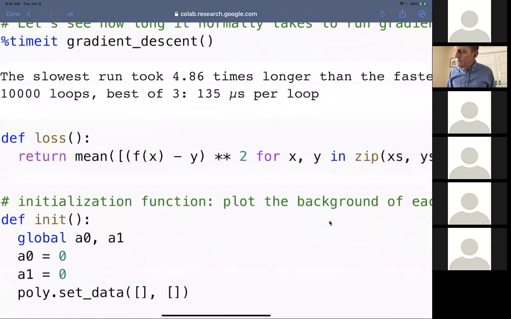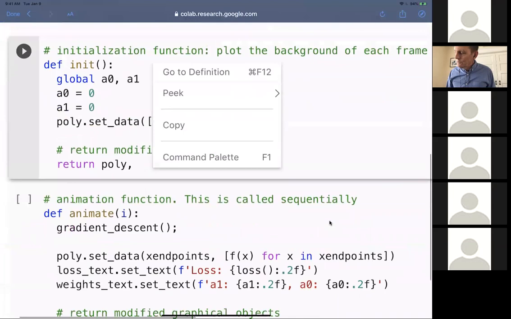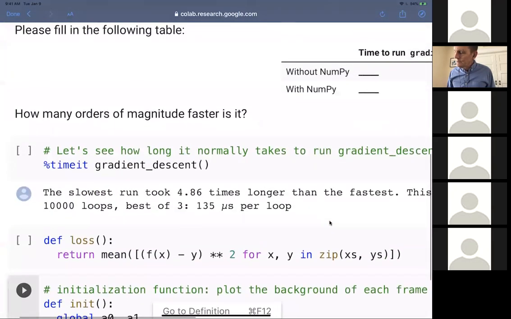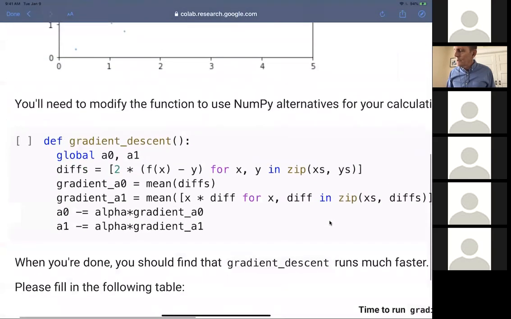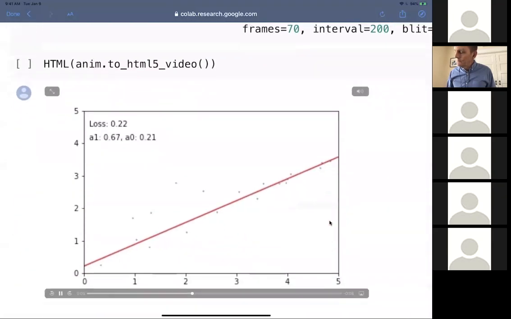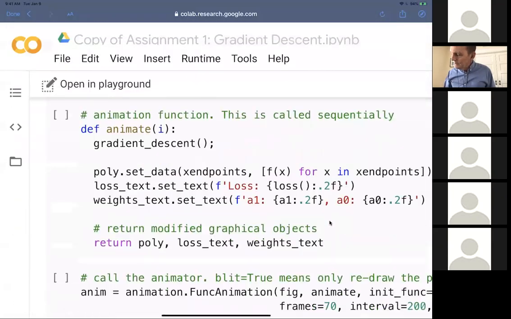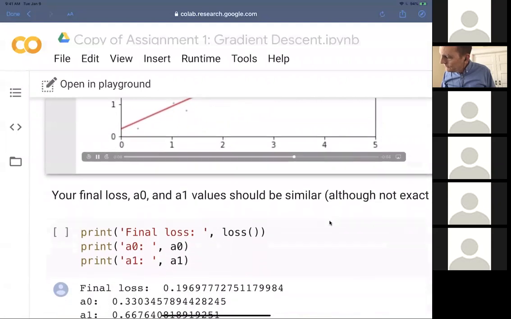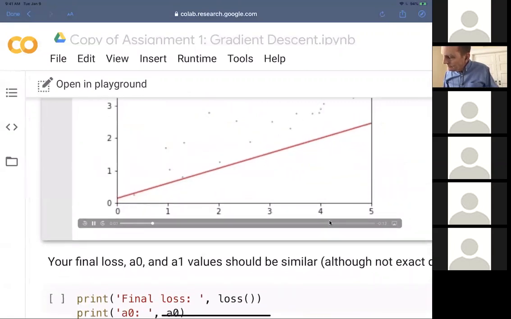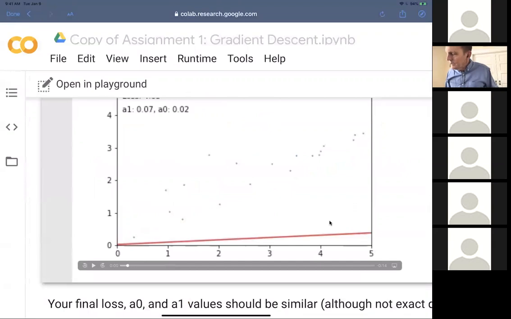So what we do for gradient descent is we go through and reduce the w's, basically reduce the a0, reduce the a1, so reduce those weights. Here's the key I want to show you. We start out with a0 and a1 equal to 1.